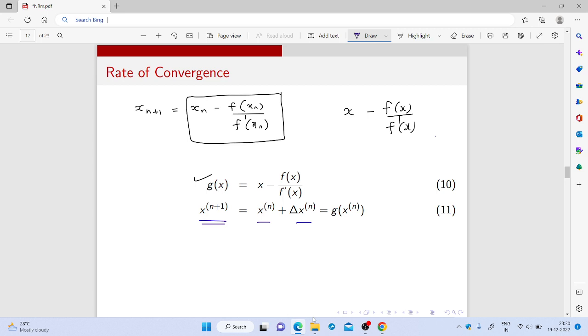So this quantity x of n plus delta x of n is actually g of x of n, because g of x of n is x of n minus f of x of n by f dash of x of n. Okay, this is the same as x of n plus 1. That is also denoted as g of x of n.